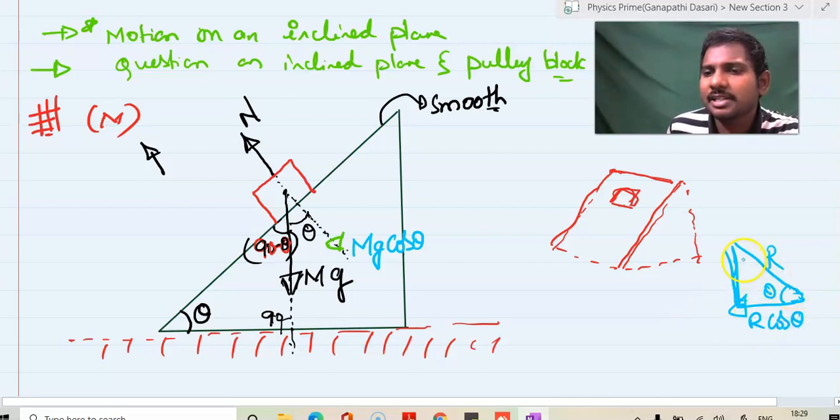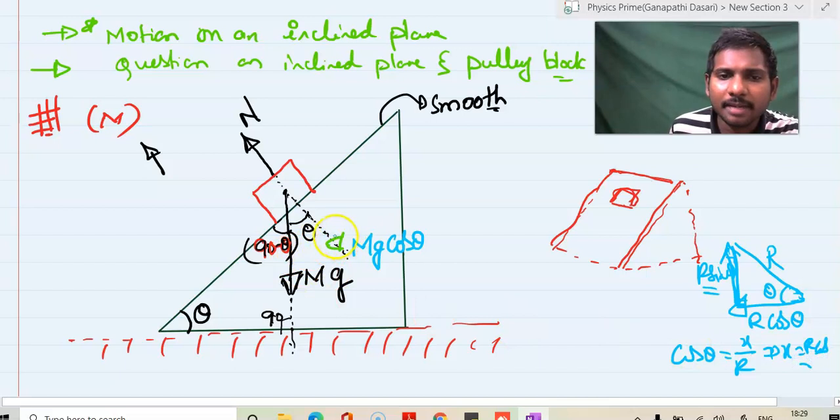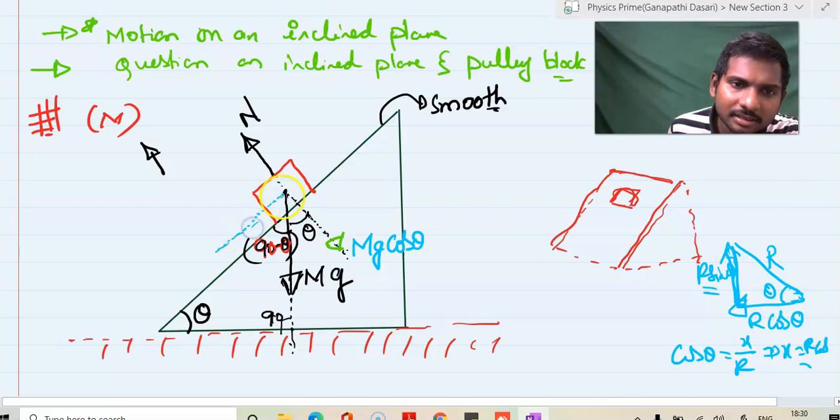If r is resolved in the vertical direction, that will become r sin theta. So cos theta is equal to x by r, so x is equal to r cos theta. From that concept, this will become mg cos theta on resolving. So what will be the force in this direction? This is the x component, and the force in this direction will be the y component, that is mg sin theta.